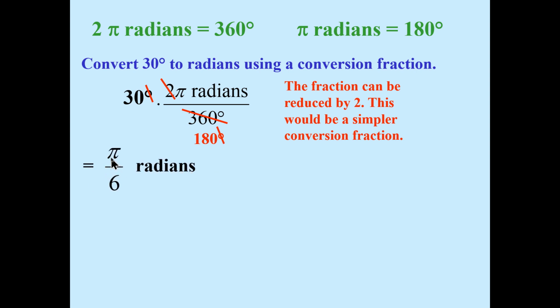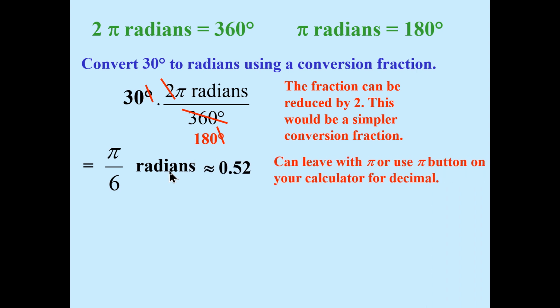Which gives me pi over 6 radians is equivalent to 30 degrees, which is approximately 0.52 radians.